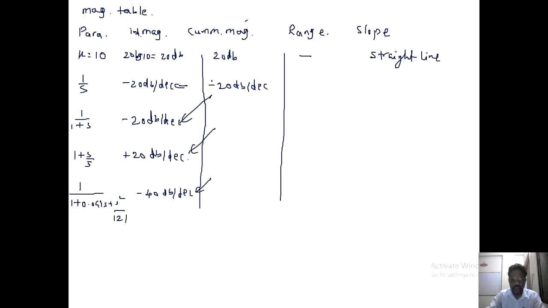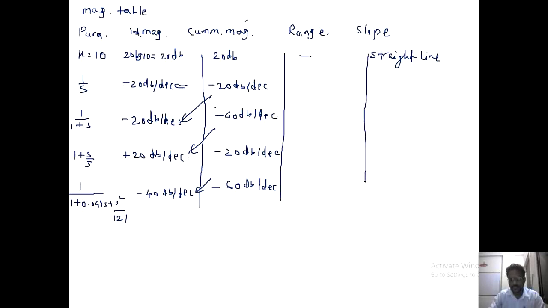So minus 20 minus 40 dB per decade, minus 40 plus 20 minus 20 dB per decade, and minus 20 minus 40 minus 60 dB per decade. Got it? So minus 20, minus 40, minus 20 and minus 60.